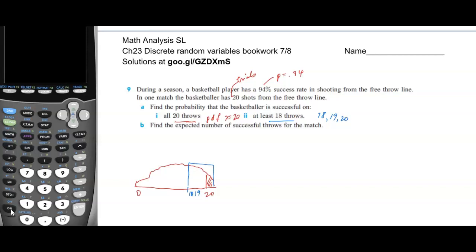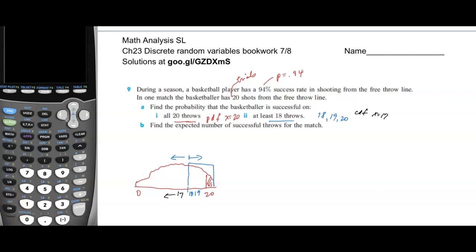And remember that since binomial CDF cannot do right regions and can only do left regions, what you're going to do is you're going to say, okay, not 18 and above, we're going to do 17 or less. Okay, so what we're going to do is we're going to do CDF and we're going to do x equals 17, and then we're going to subtract it from 1. Okay, so let's do each of those.